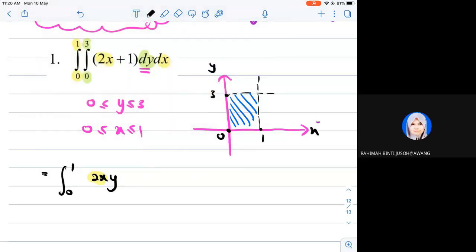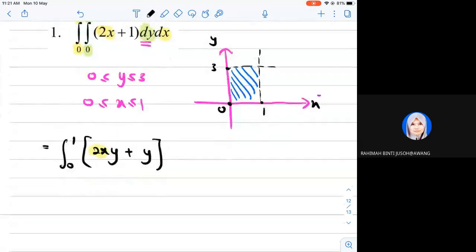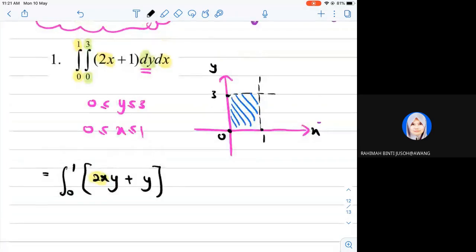Yes. Okay. Now integrate 1 with respect to y, we will get plus, integrate 1, 1y, so dapat y. Okay. So now, what happened here guys? You kena substitute limit untuk y tu. So y equals to 0, y equals to 3, dx.